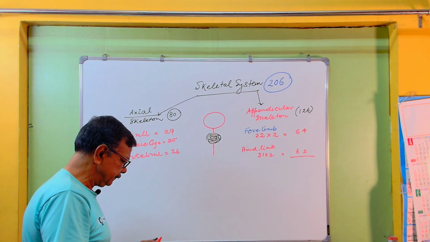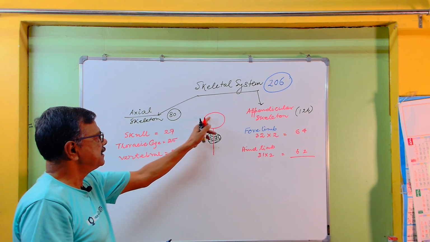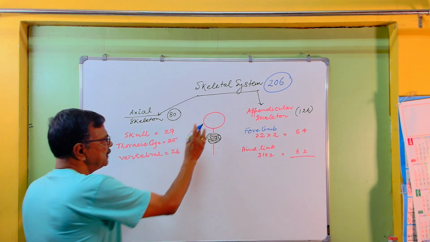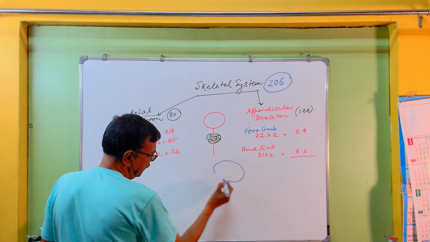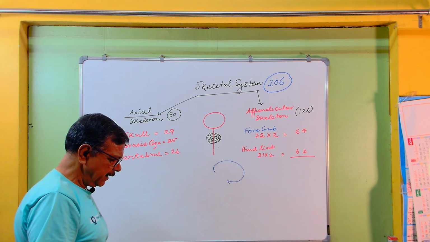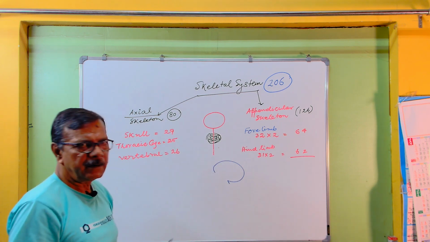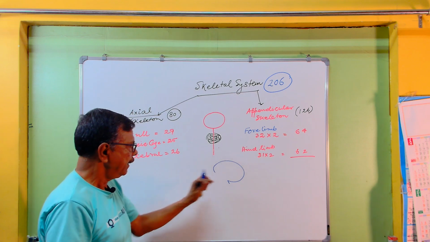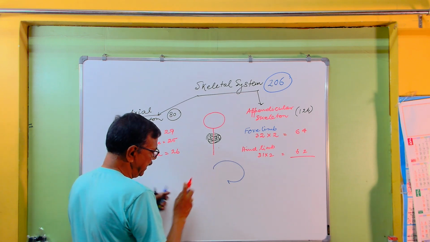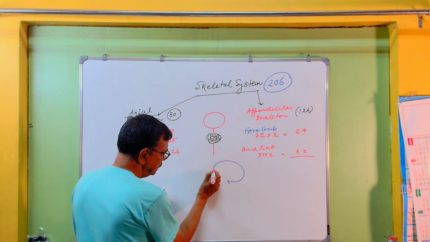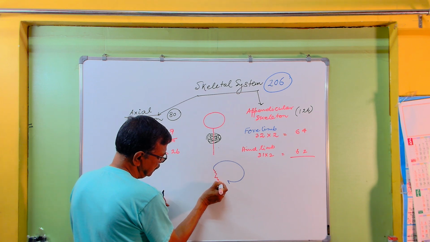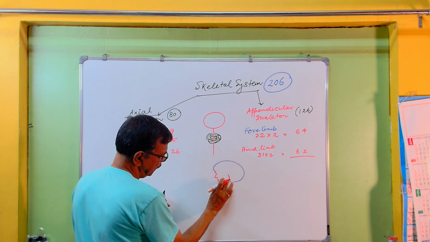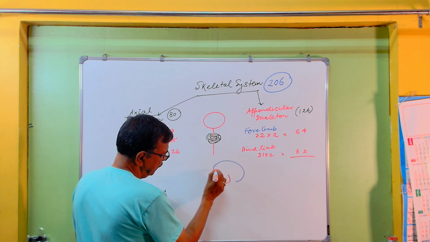Now, this is the skull. This skull consists of, this is the brain, which remains covered with the skull bones, and along with this we have the face also.